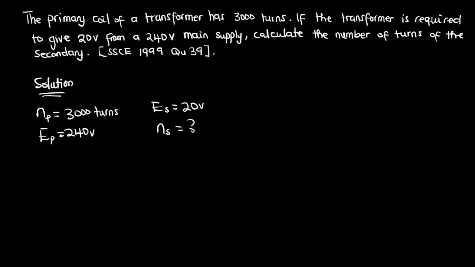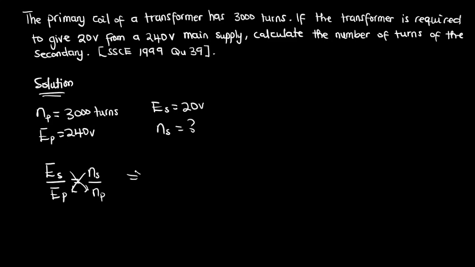So for this particular question, the ratio of the voltage in the secondary to that of the primary is equal to the number of turns in the secondary over the number of turns in the primary. This is the ratio that we have. Are we okay? So if we make NS the subject, we'll first of all cross multiply.